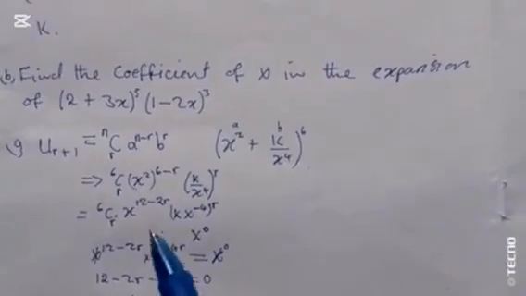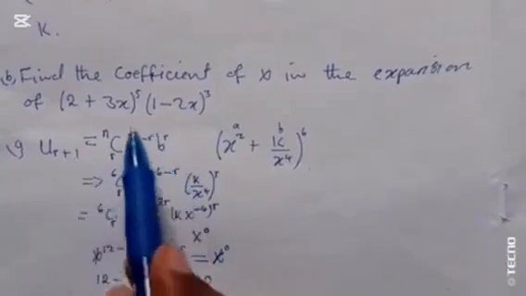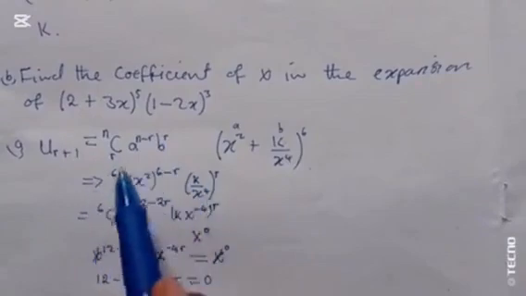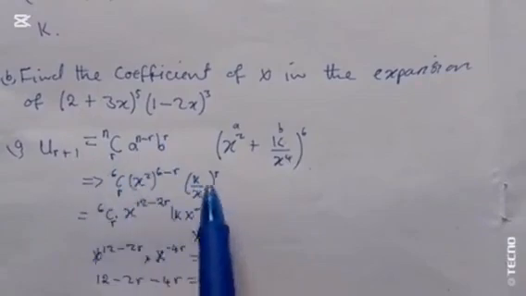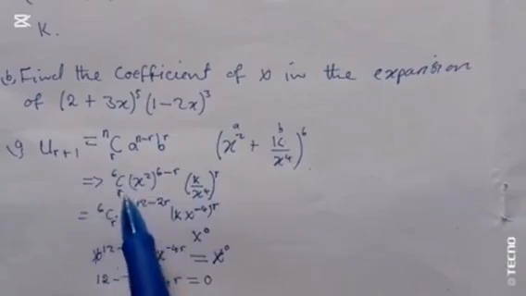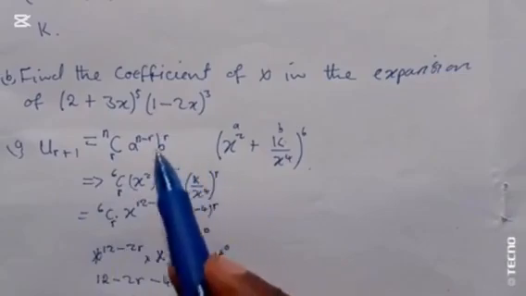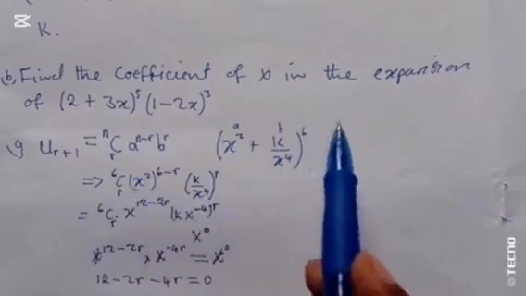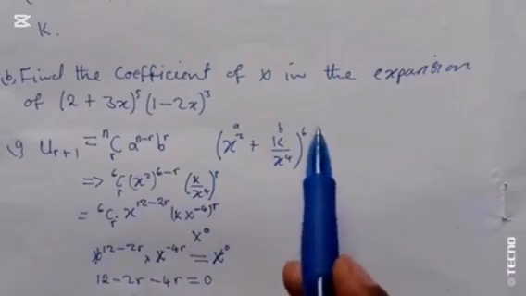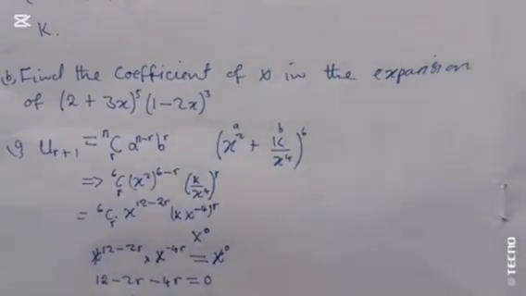Now this side we equate to 60, as we are told that this expansion gives an answer of 60 once we find the independent term.